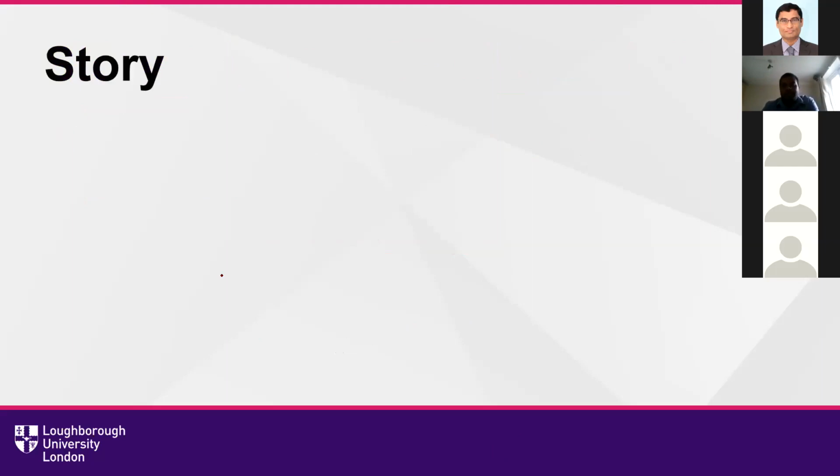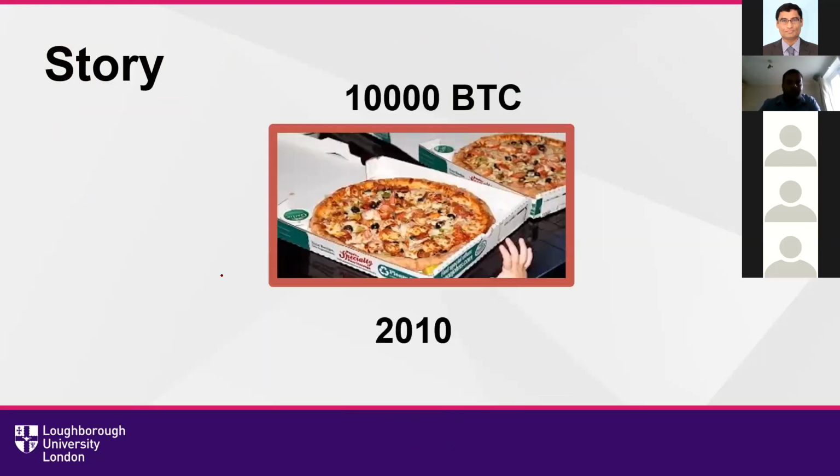So let me tell you a story. Bitcoin's current price is $7,500. But in 2010, there was a guy, I think in Florida in the USA, a software engineer. He paid 10,000 Bitcoins to a pizza restaurant to buy 2 pizzas.